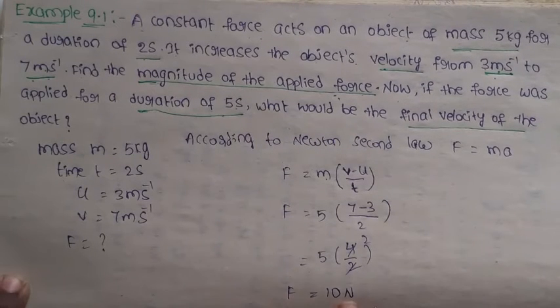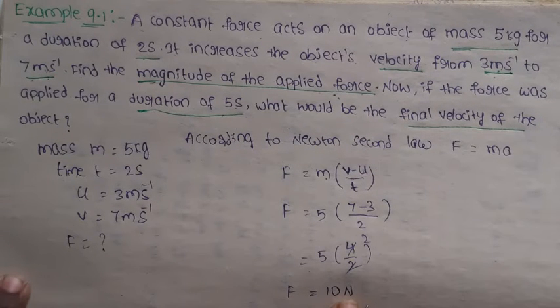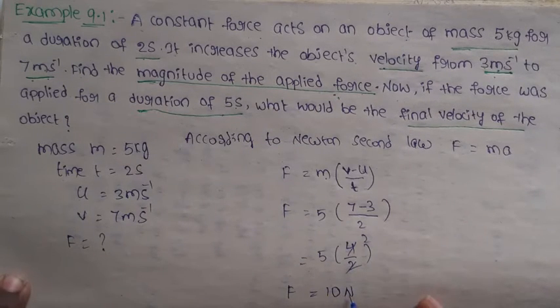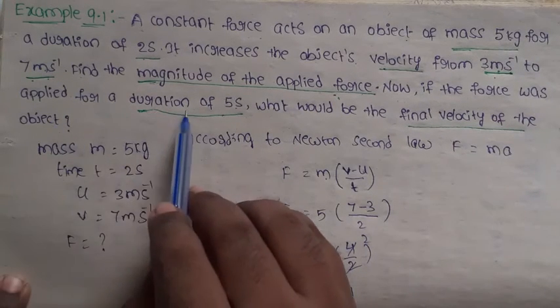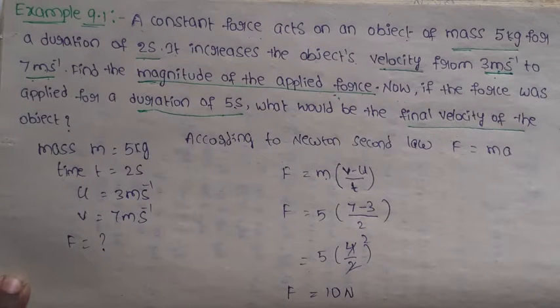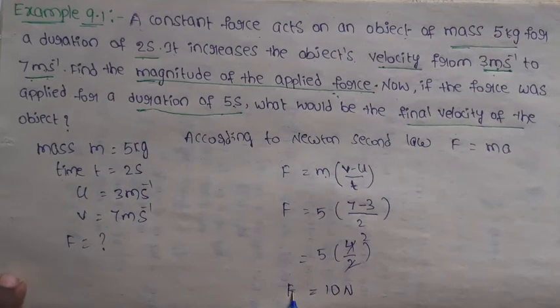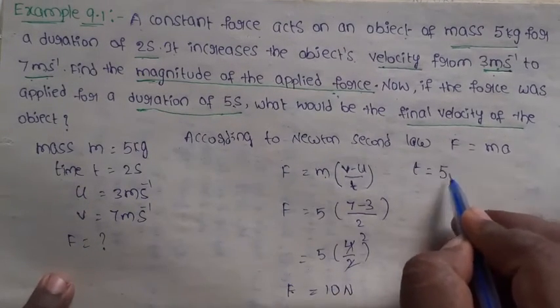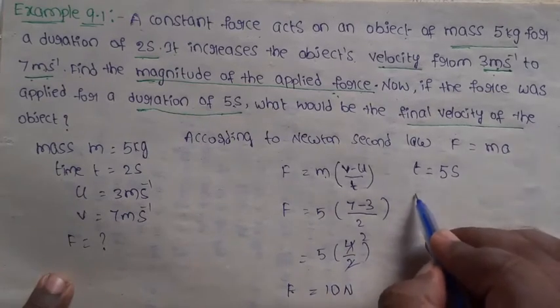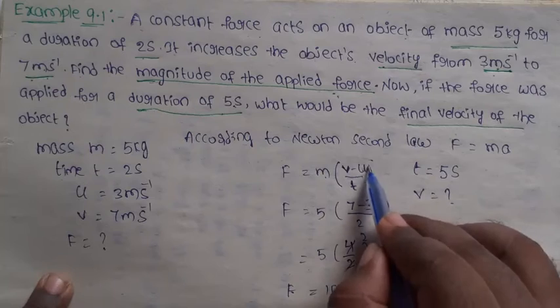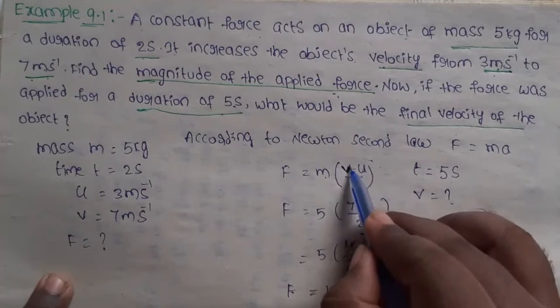So the applied force is 10 Newton. Next, this 10 Newton force is applied for a duration of 5 seconds. Find the final velocity of the object. We increase the time to t equal to 5 seconds. From this formula, I will derive the final velocity.